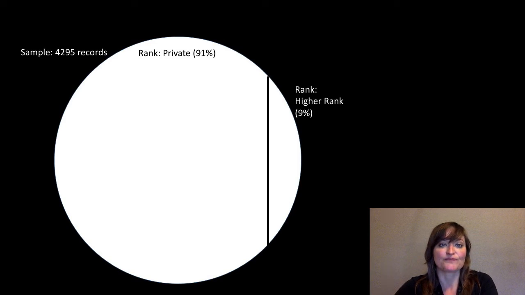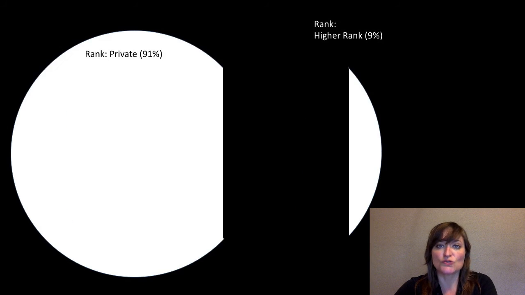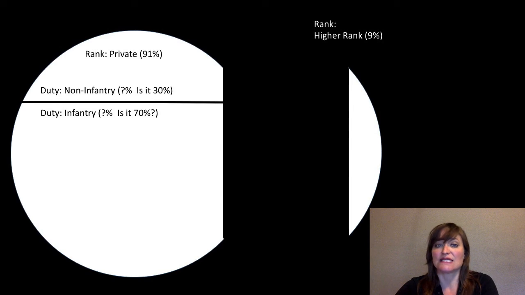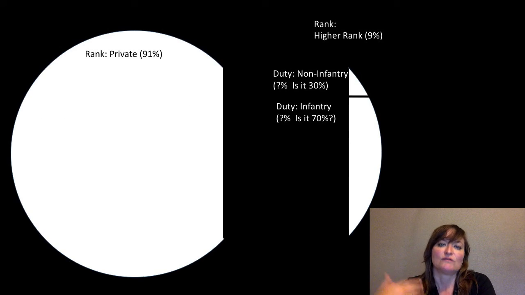If I split those into two separate groups, let's look at within the privates, how are they divided by infantry and non-infantry duty? What percentage is that? Is it roughly 30% of that 91% in the non-infantry, and roughly 70% of that 91% in the infantry? And then we ask the same question for those in the higher rank.